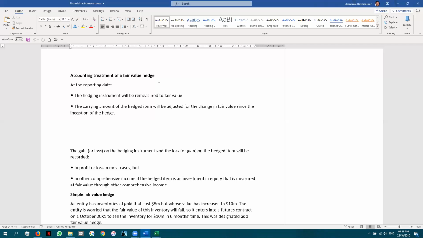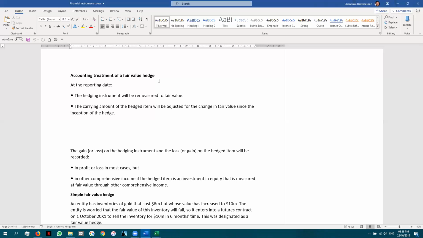The gain or loss on the hedging instrument and the loss or gain on the hedged item. Notice how it's phrased. The reason it's phrased like this is because, as I've been saying, if there's a loss on one, there'll be a gain on the other and vice versa.